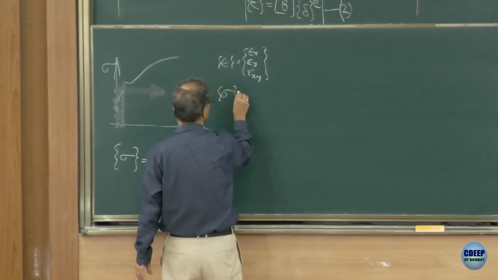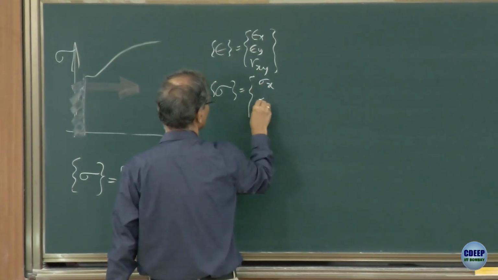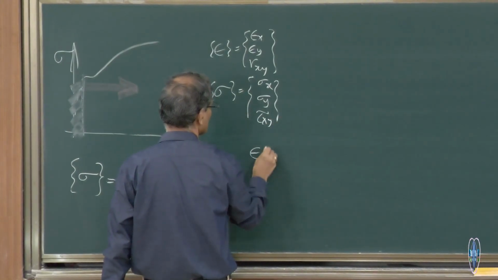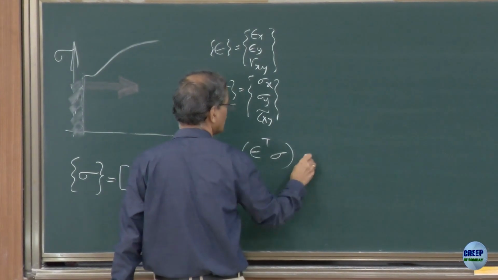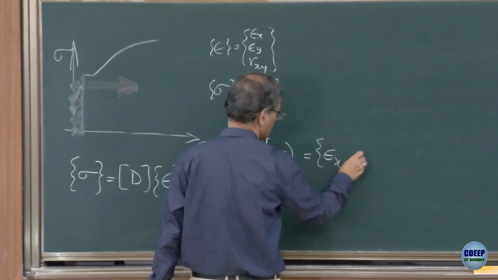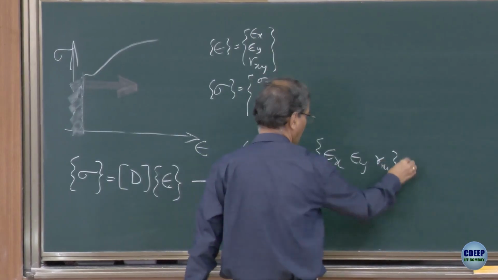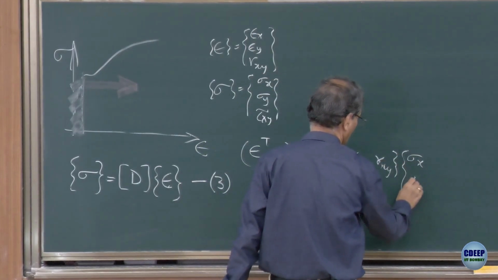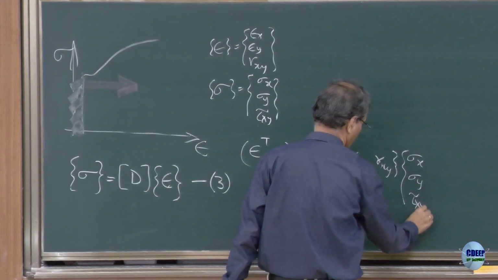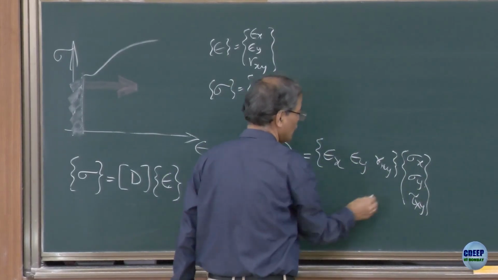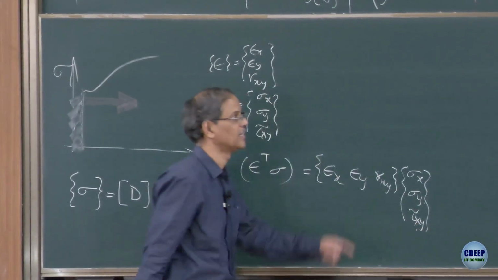Sigma is sigma x, sigma y, tau xy. Therefore, epsilon transpose sigma will be epsilon x sigma x plus epsilon y sigma y plus gamma xy tau xy. That is what you would get.